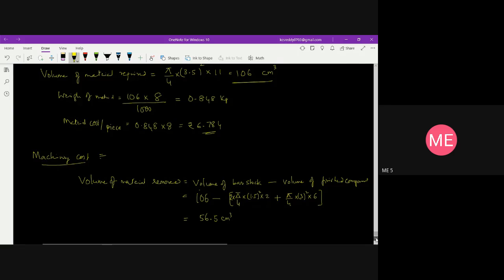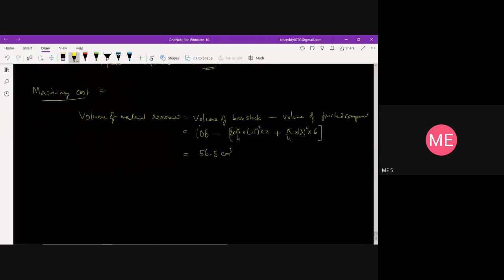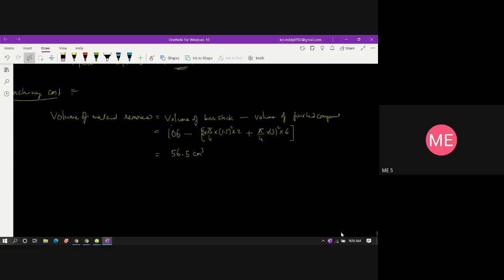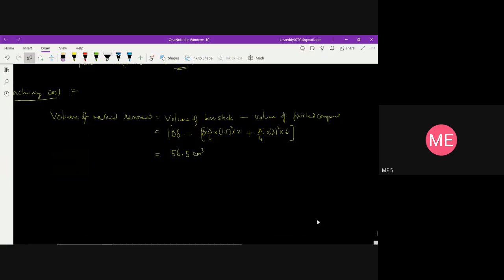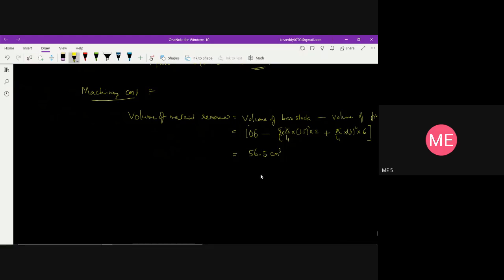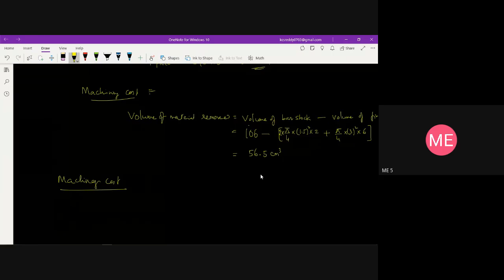That is 0.2 rupees per centimeter cube of the material removed.